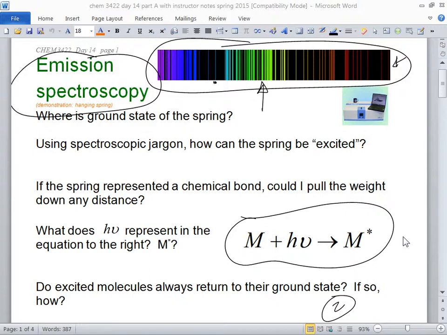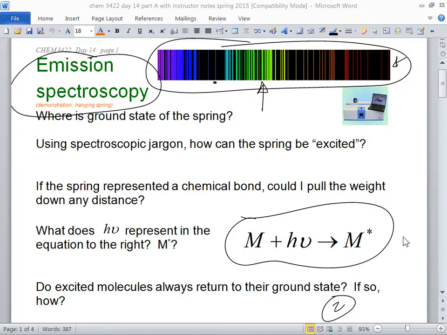And the emission comes from where, Andrew? Energy of the photon. Energy when that excited molecule does what? Well, if you want emission spectroscopy, that excited molecule has to... well, it did absorb to get excited in the first place.